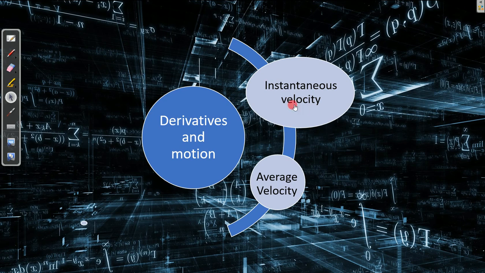So we do most of our work here, but we can't ignore average velocity, especially because if you're taking physics, that is most often what you calculate, because in physics you don't do any calculus, at least not at the high school level. So first, derivatives and motion.